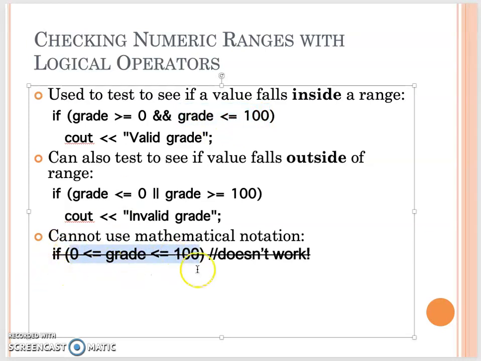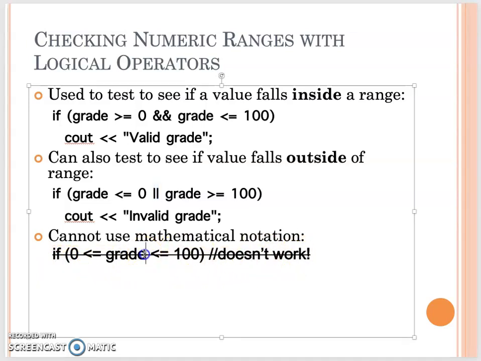But we cannot write this way in a mathematical condition. So be very careful. In C++, we don't have two operators associated with one variable. Instead, you need to use either the and operator or the or operator to do that. So be careful, you never write it this way.